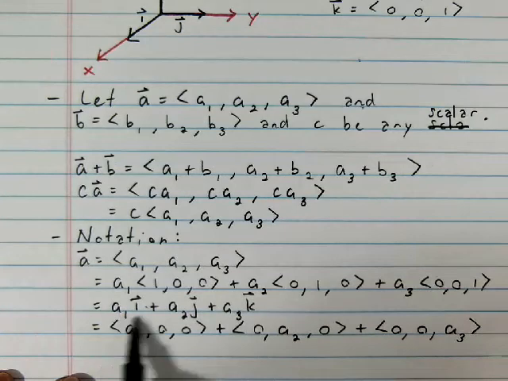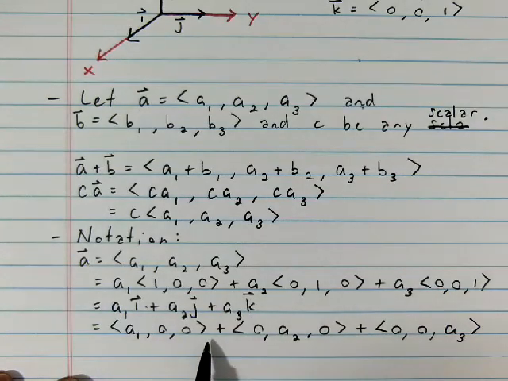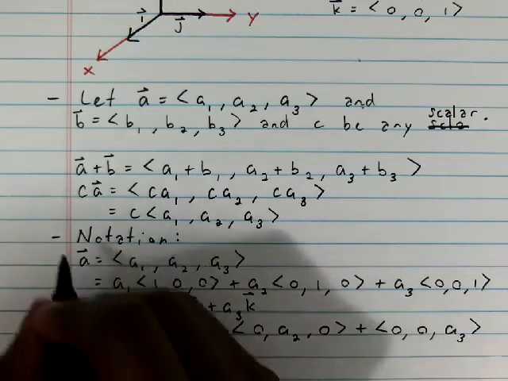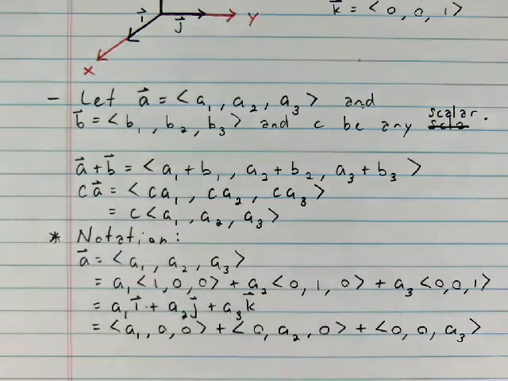So if you were to see this, this is the same as that right there. If you wanted to write that as a sum of three vectors using the pointed brackets, you could write it that way. So please make sure you're comfortable with all three of these different notations for writing a vector.